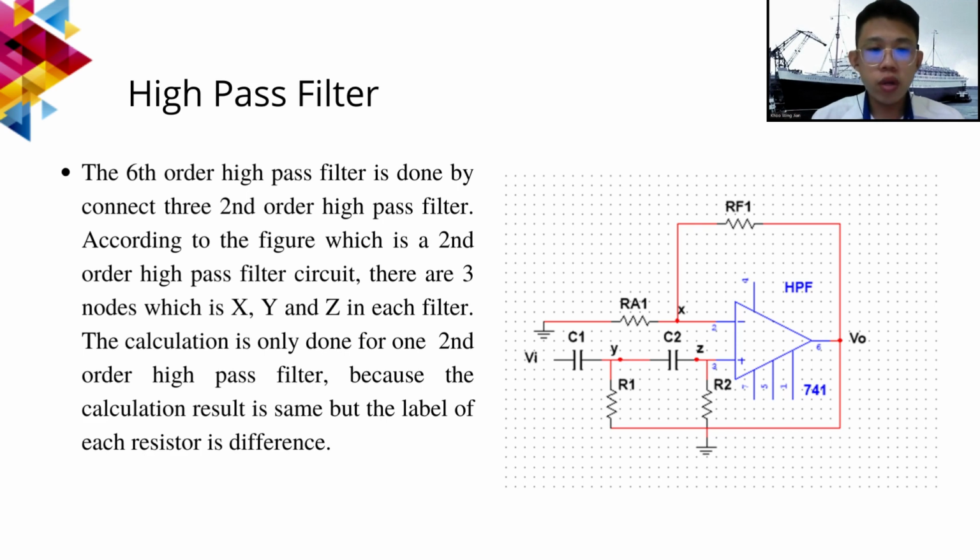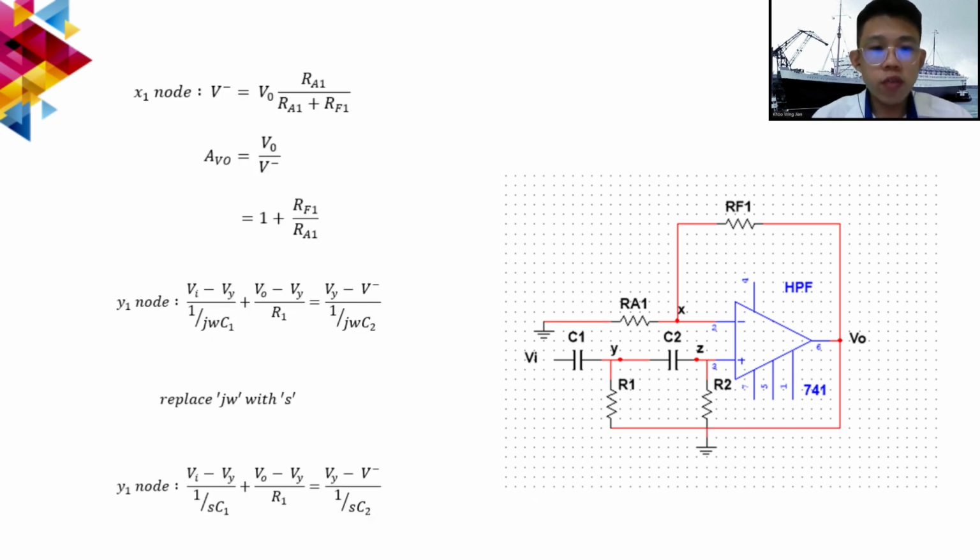For the high-pass filter, the 6th-order high-pass filter is done by connecting 3 second-order high-pass filters. According to the figure of a second-order high-pass filter circuit, there are 3 nodes, X, Y, and Z, in each filter. For the X node, AVO is equal to 1 plus RF1 divided by RA1.